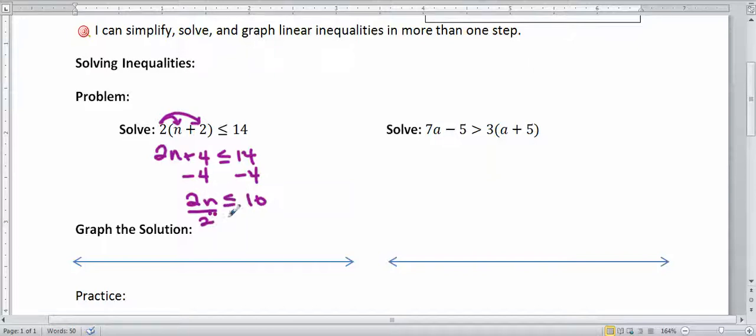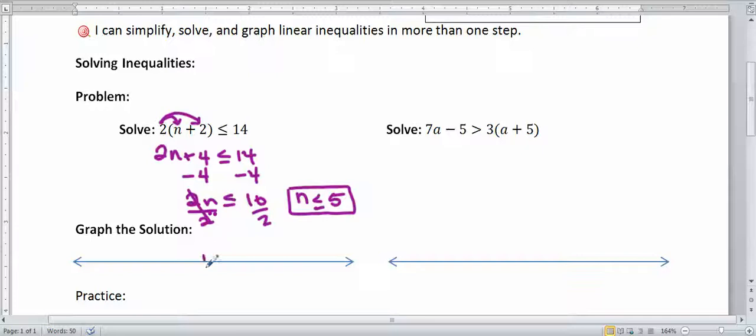It's 2 times n, so I need to divide by 2. So the 2 drops out, and we're left with n is less than or equal to 10 divided by 2, which is 5. It's going to be my final answer. And remember, even though I'm dividing, it's not a negative number, so I don't have to change the sign. But I do have to graph.